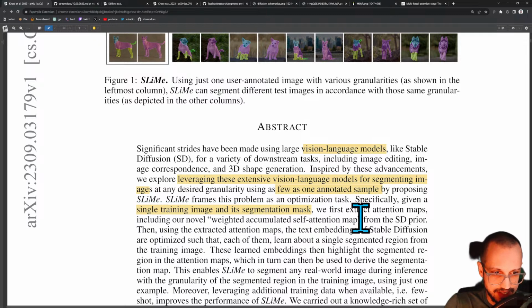We first extract attention maps, including our novel weighted accumulation self-attention map. So we're going to go into what an attention map is, but basically an attention map is a key piece of a transformer architecture where you have this self-attention, which is basically a way for a bunch of features to look at a bunch of other features and determine how much do I agree with this feature over here versus this feature over here, and so on.